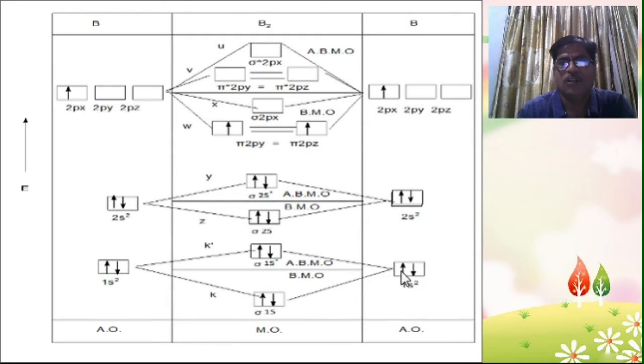The total number of electrons in 1s is 2 from one boron and 2 from the other boron, so 4 electrons fill these MOs.